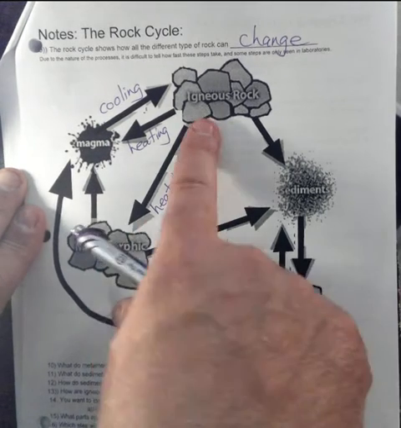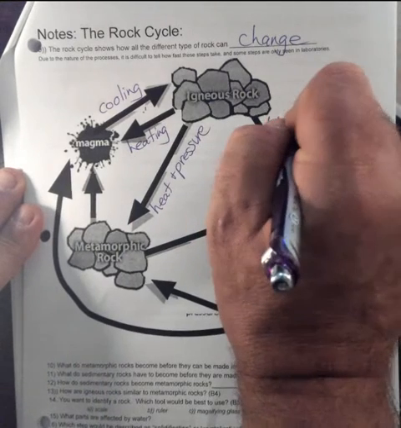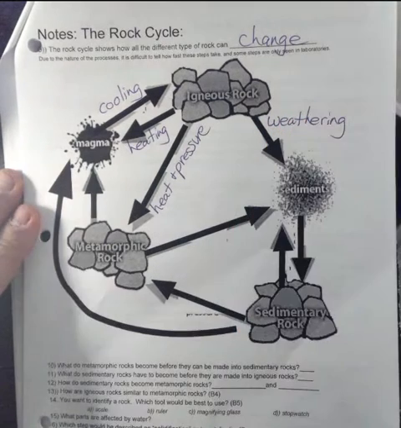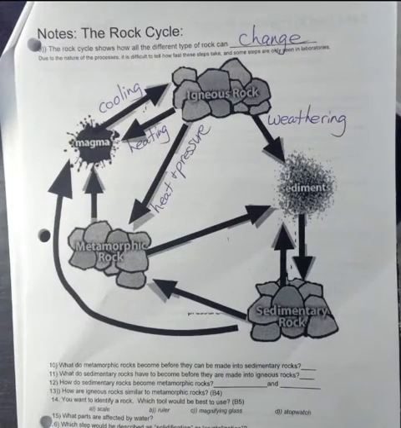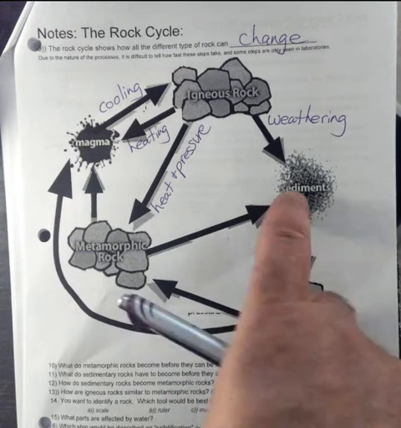Or I can take this igneous rock and I can break it up into little tiny pieces in a process called weathering. When wind and water and other such things act on the rock, they can break it apart into tiny sand particles and smaller, and those are called sediments. The process is called weathering.